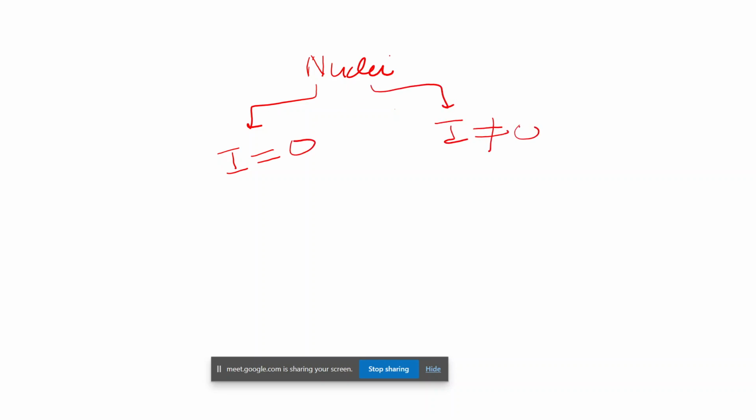So what are the examples of nuclei that have non-zero and zero spin? Just remember this table of nuclei. Tell me about 28 silicon. Is it NMR active or inactive? Inactive. Correct.